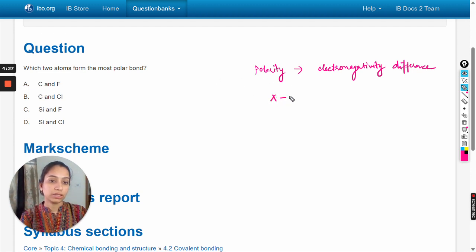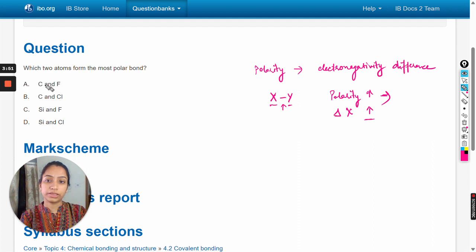Like a bond is formed between X and Y atom, and if we want to know its polarity, it increases as the electronegativity difference between these atoms increases. As the difference in the electronegativity increases, polarity will increase.